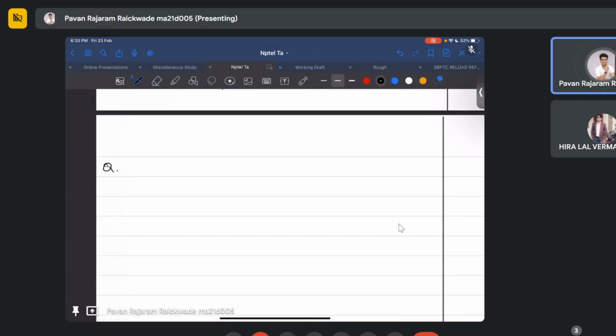Question: let R be the set of all functions from the set {1 to n} to Z2. It is a set of all Z2-valued functions.